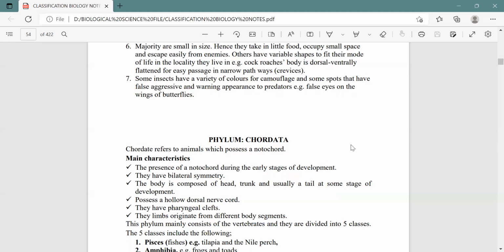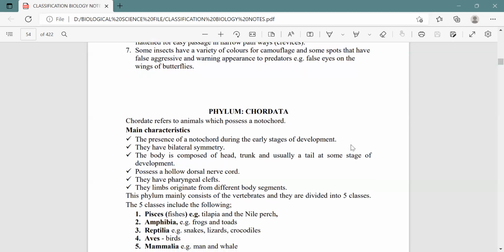You also show the warning colors or warning coloration that resemble a dangerous insect, a dangerous organism, so that you avoid being identified or noticed by your predator, which confers survival value. That mimicry confers survival value.